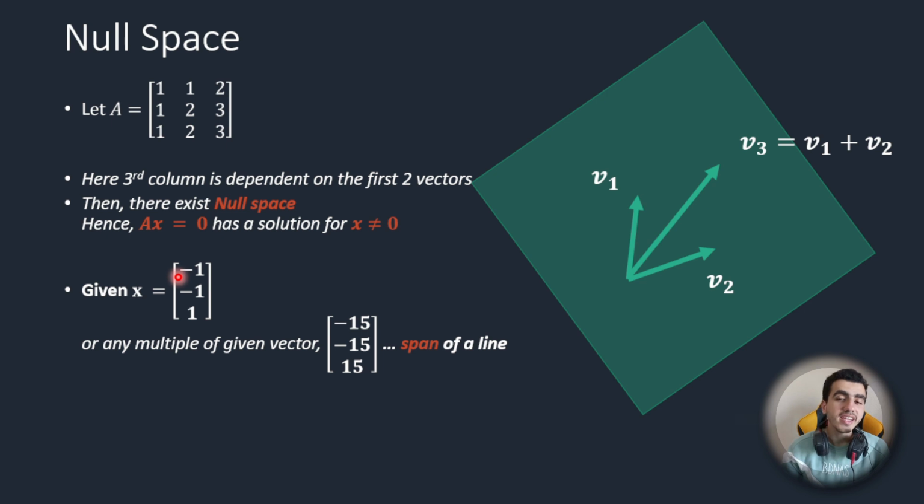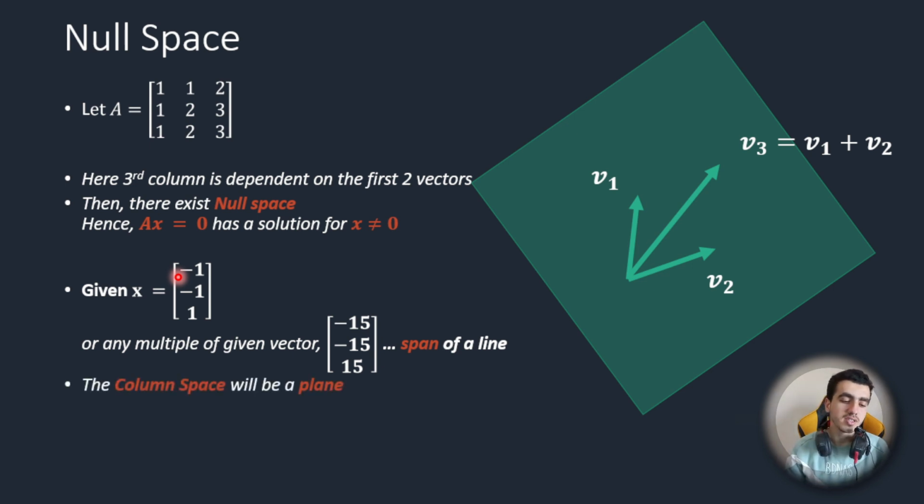Also, any constant multiplied by this vector, or any linear combination, will generate a span, and this span is a line because it's a single vector. So this line is the null space.